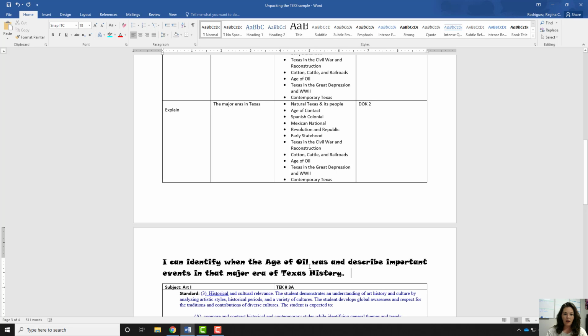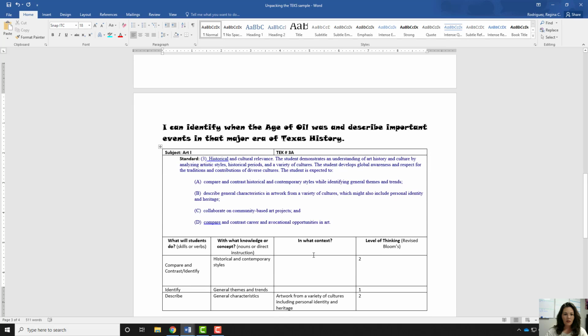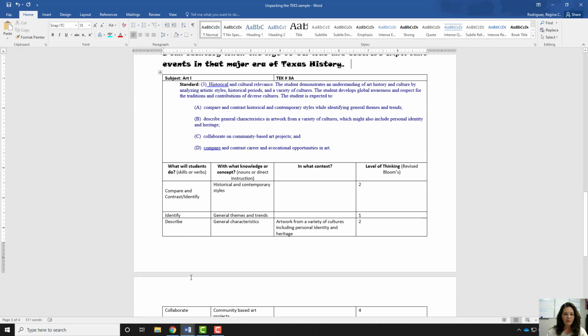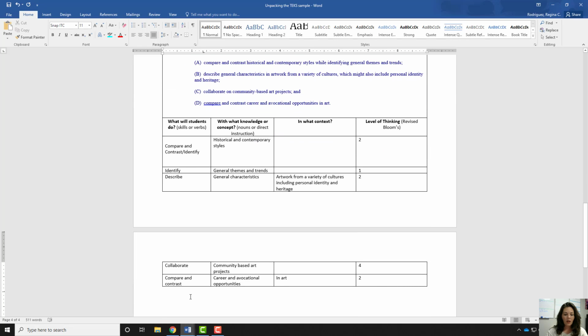Another one, let's do art. And I'm going to jump down to this collaborate one, and I'm going to say I can collaborate with a community partner to create a mural on a building on the square.